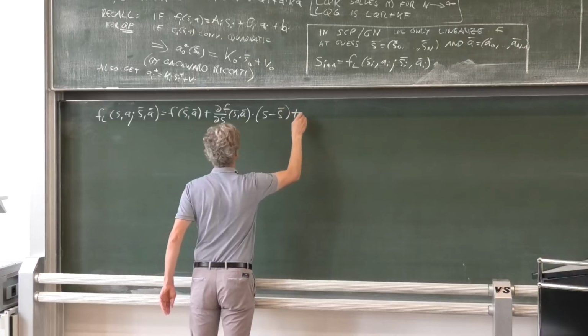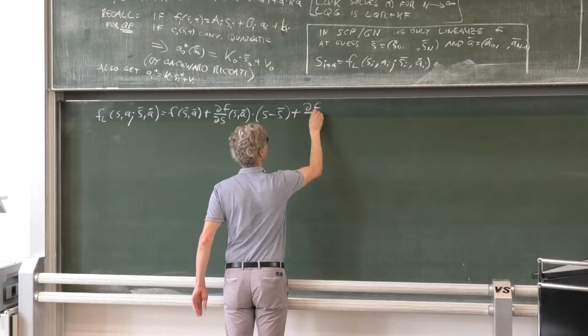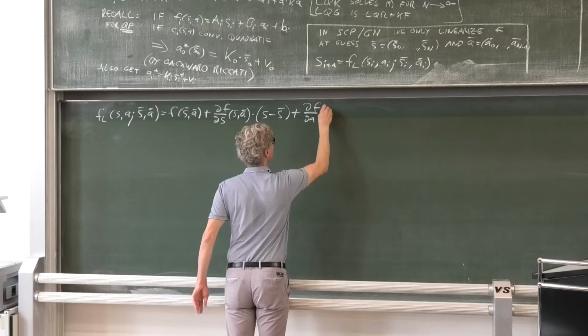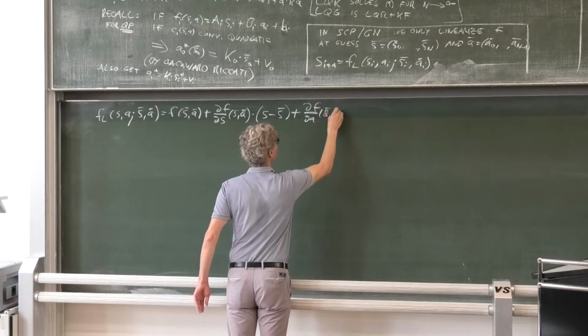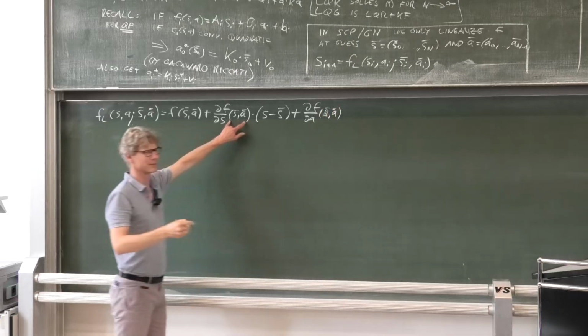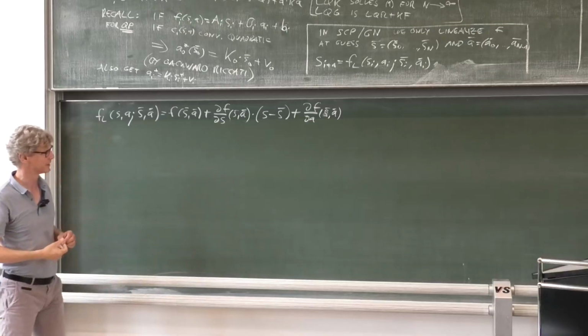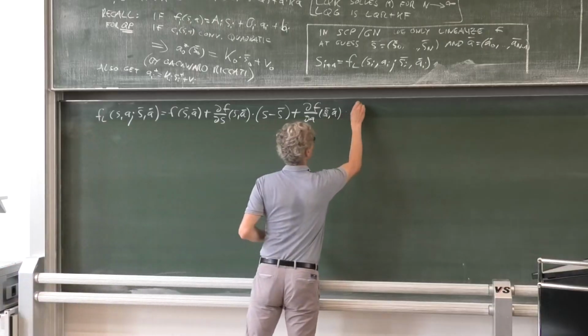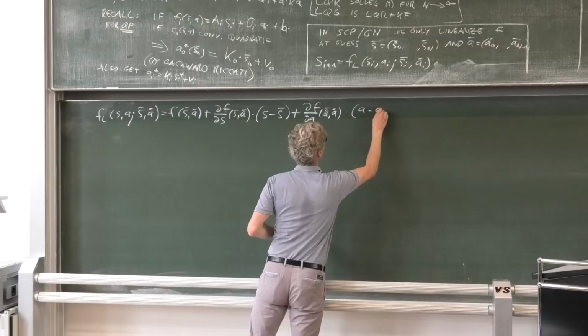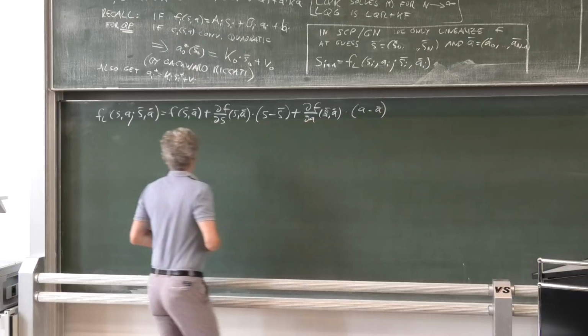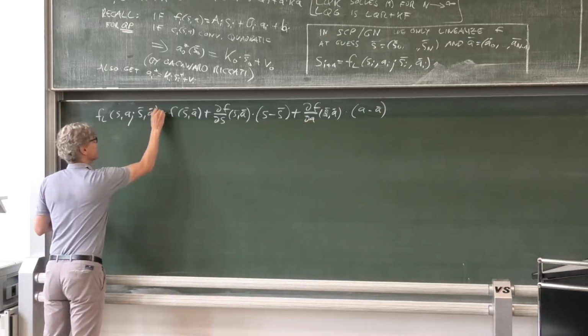That's now the step here. And here we have dF/da, evaluated at s_bar and a_bar. I keep this argument because we need to know where we linearize, of course. And then you multiply this with a minus a_bar. So that's the definition, basically, of this linearization.